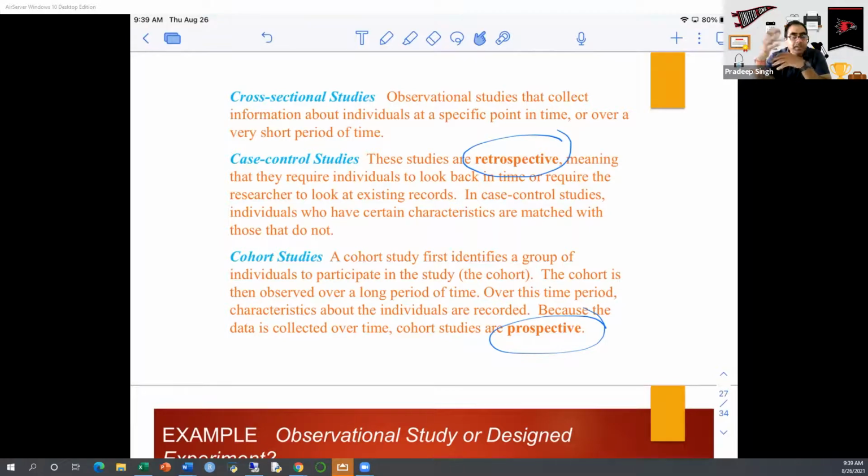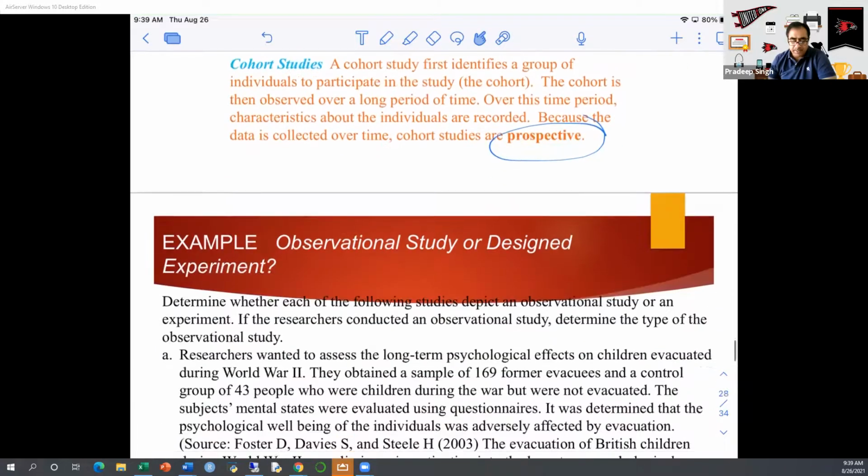A study could be a year long, 20 years, you can just keep going. There are studies which have been going for the last 30, 40 years. So you follow the individuals and you keep measuring things. So that's prospective or cohort studies.